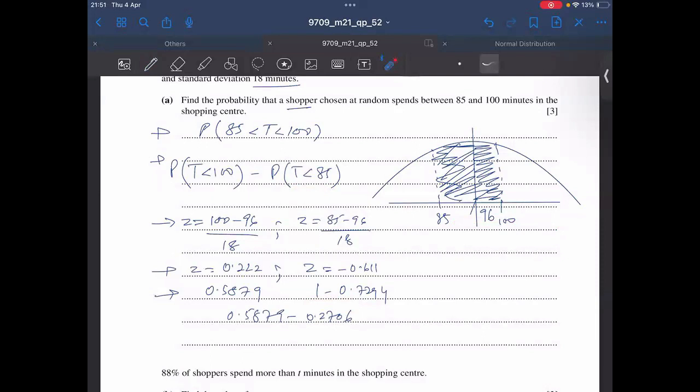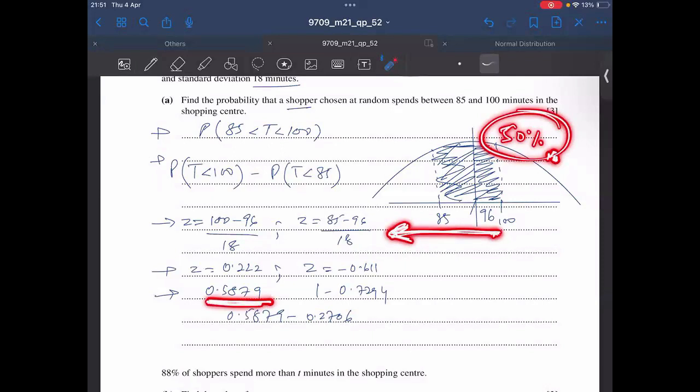Now, Yusuf Hussain, in case of 100, the area for t less than 100 covers more than 50%. So that's why the probability we got, 0.5879, represents the probability for t less than 100.